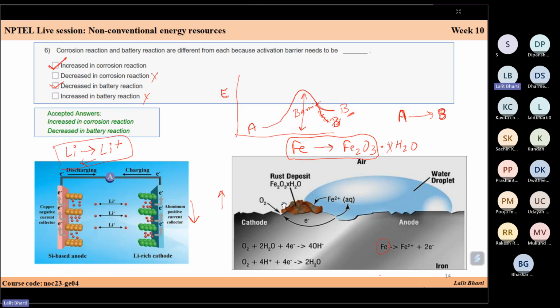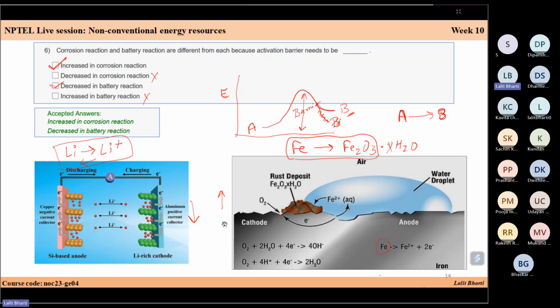So corrosion and battery reactions are kind of opposite in nature, because in corrosion we want to avoid the reaction, but in batteries we want to conduct the reaction. So these are opposite in that way.